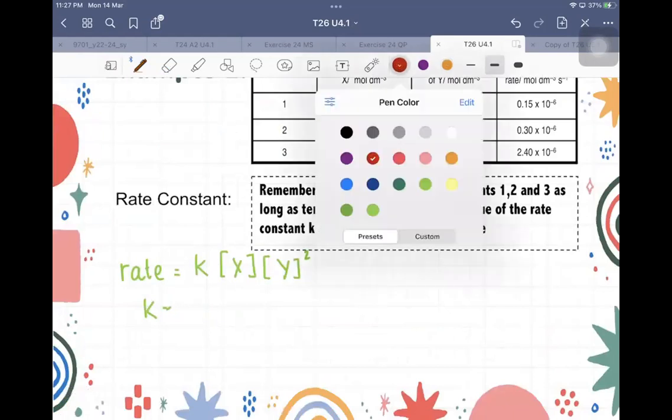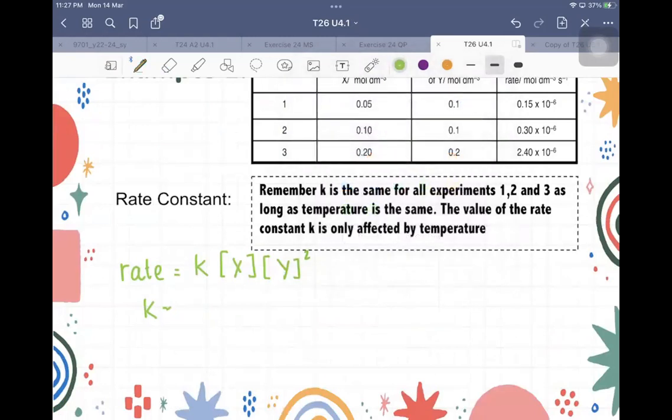K is equal to rate over concentration of X times the concentration of Y squared. Using experiment 1, 0.15 times 10 to the power of minus 6 over 0.05 times the square of 0.1.